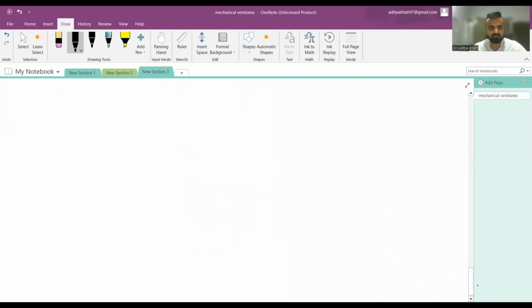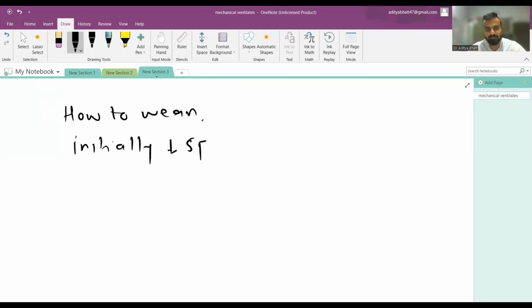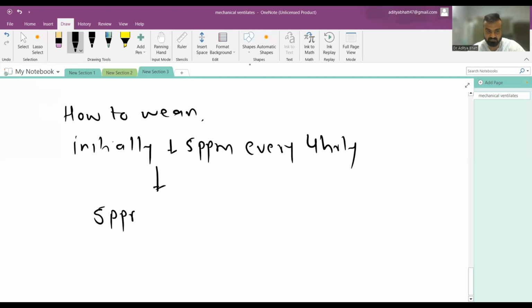Now, how to wean? As I told you, the dose is 20 parts per million. Initially, you have to decrease the dose of nitric oxide by 5 ppm every 4 hours. Imagine the dose was 20 ppm; after 3 improved responses and after 12 hours, you decrease by 5 ppm.